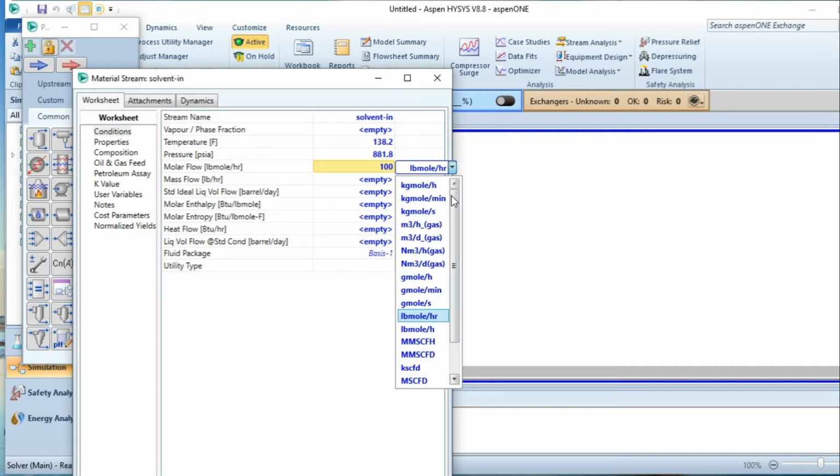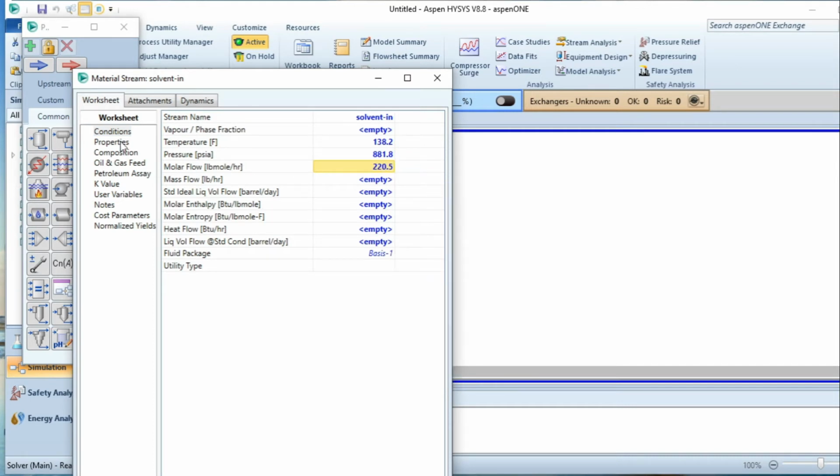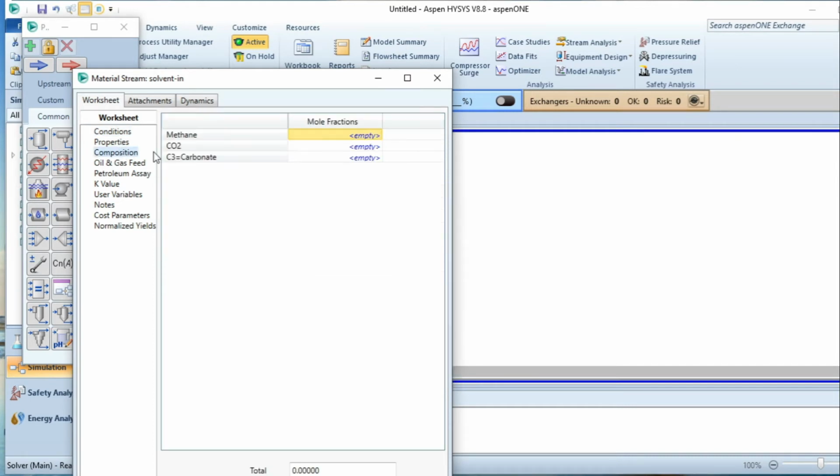The unit has to be consistent. Then we proceed to composition. Our solvent is propylene carbonate and it is 100%, that is 1.